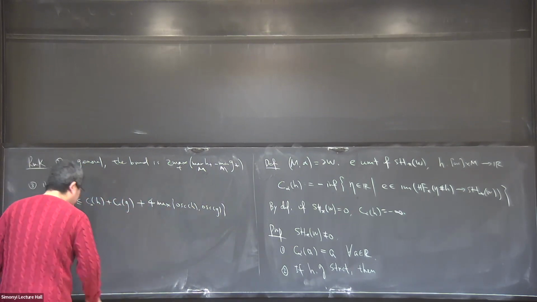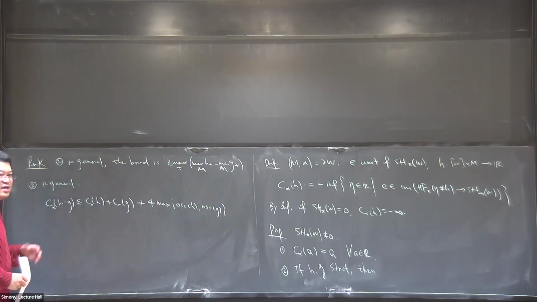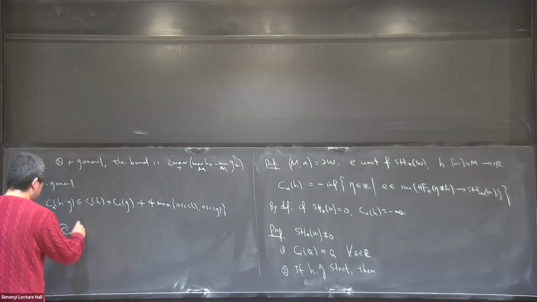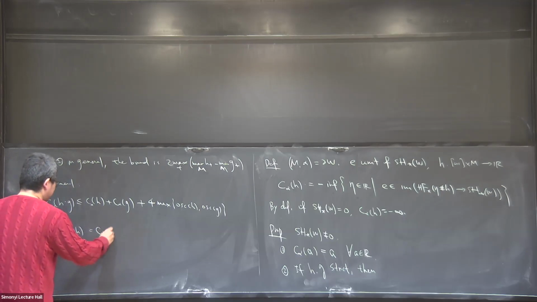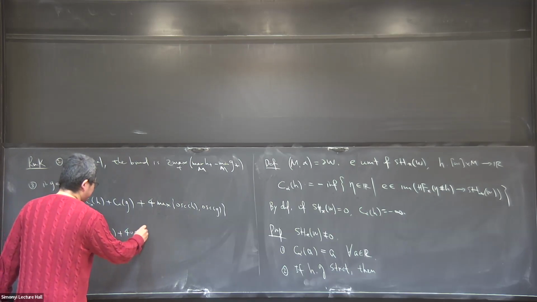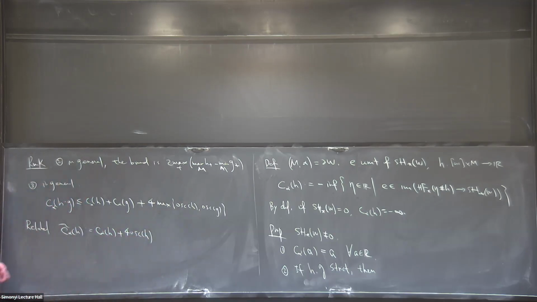But if you want to have a general triangle inequality without this term, there's a small trick: you can relabel c_alpha tilde(H) as c_alpha(H) plus 4 times the oscillation of H. Then you actually can show that this c_alpha tilde satisfies a general triangle inequality.